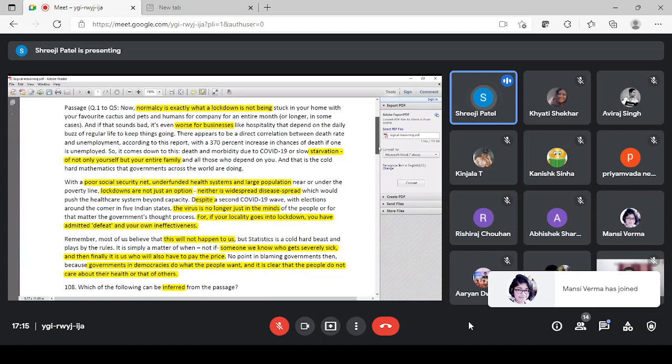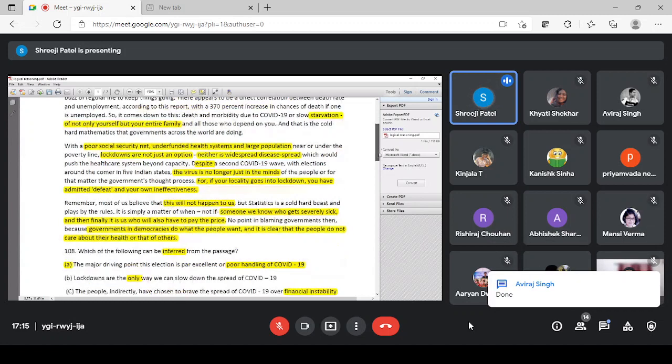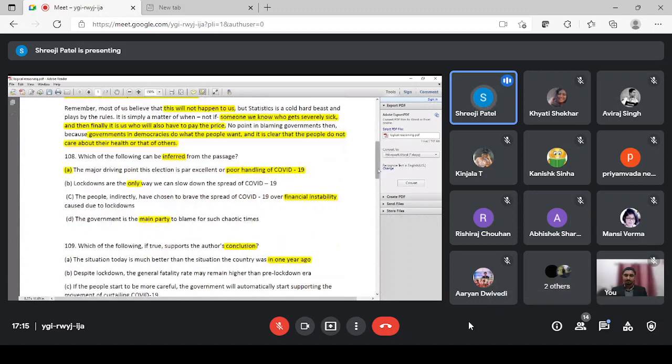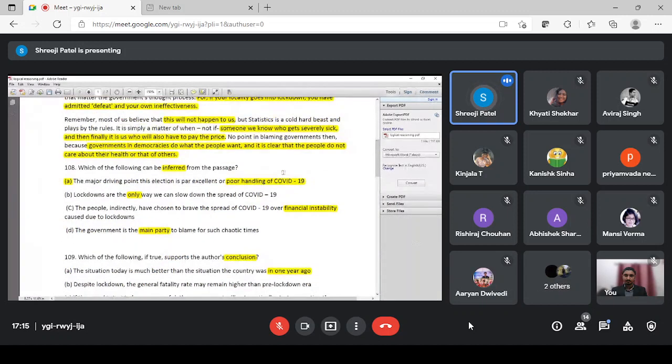So I can repeat this question once if you have read the passage. This question talks about what you have inferred from the passage. I have eliminated these three options because they were extreme, due to words like "only" and "financial instability," which weren't talked about in the passage, and the fourth option was directly in contradiction with the passage.